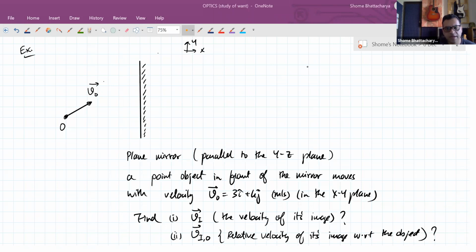Harpriya, your answer is correct in magnitude, but you have to give in vector form. Shubham, your answer is correct. Yes, Harsh, your second answer is also correct.